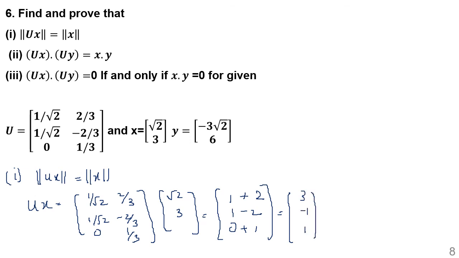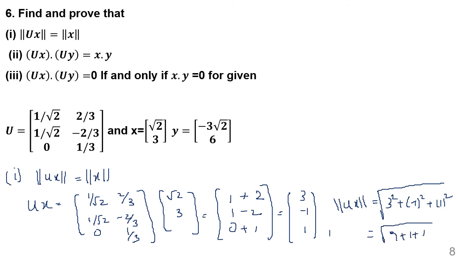Next, in order to find the distance of this Ux, we know that it is equal to the square root of the sum of squares of the vector values, which is 3 square plus minus 1 whole square plus 1 whole square. So it is equal to the square root of 9 plus 1 plus 1, which is the square root of 11. Next is to find the distance of x for the given matrix.